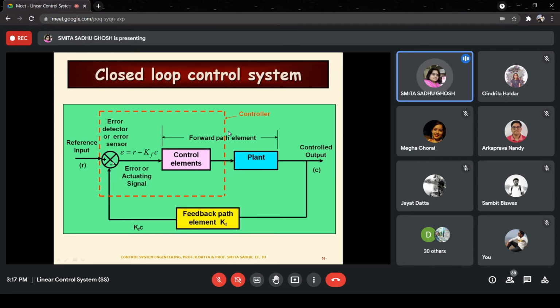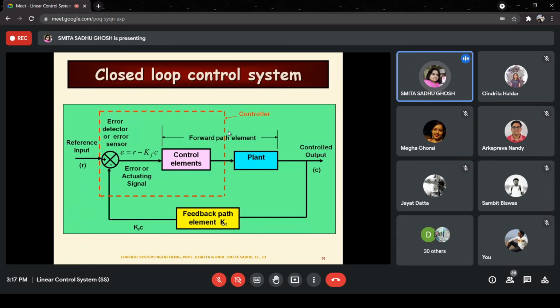Now, as far as the overall block diagram is concerned, you can understand certain things which are written over here yourself. This block, that is the control elements and the plant together, make up what is known as the forward path element. So they come in the forward path as far as this block diagram is concerned. This yellow block over here is what is known as the feedback path element.